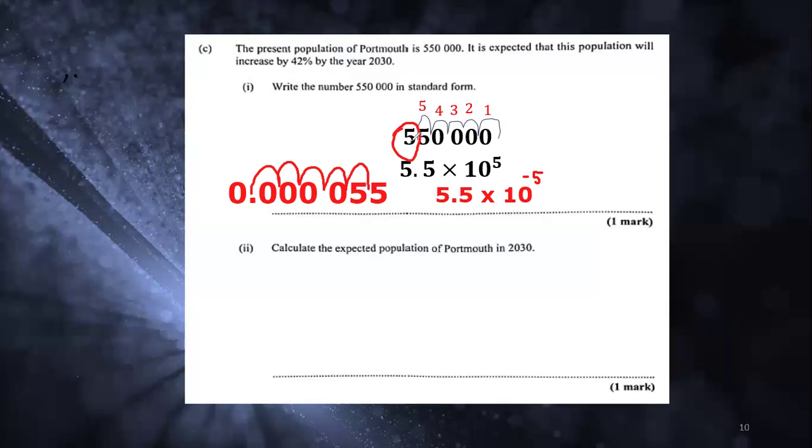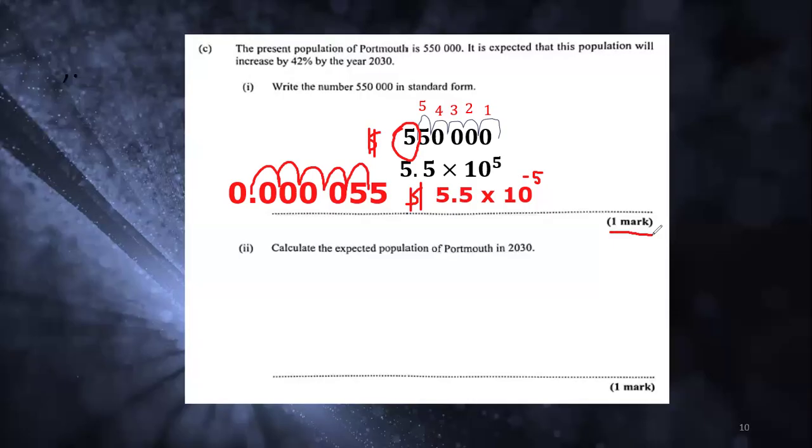If you put a dollar sign in front, this is $550,000. This is 5.5 by 10 to the minus 5 dollars, which is basically no money. So don't get confused and say, well, they're almost the same. They're completely opposite. If you put a minus 5 for this question, you will get 0 marks. This question is worth 1 mark, and CSEC does not give half marks.